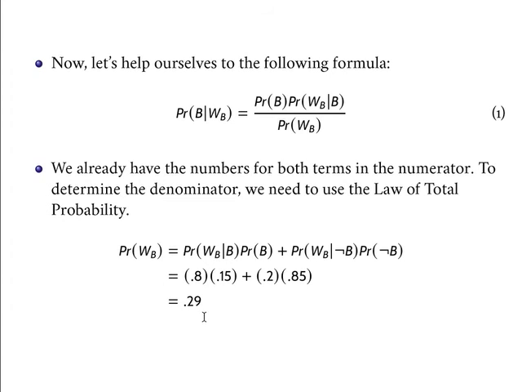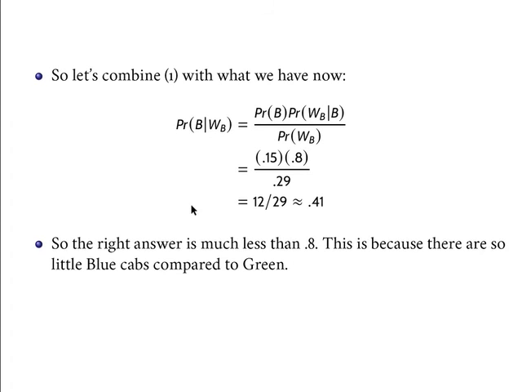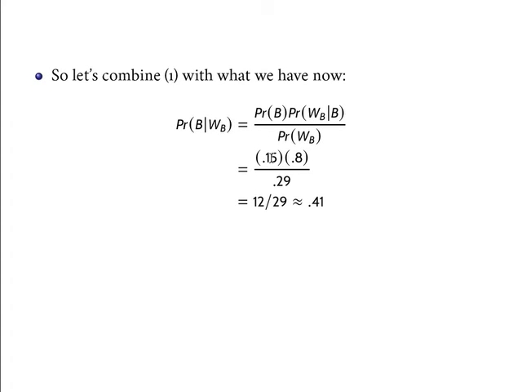So now let's put this all together. If we combine our calculation of the denominator with what we know about the antecedent, we get 0.15 times 0.8 over 0.29, which is 12 over 29, which is roughly 0.41.